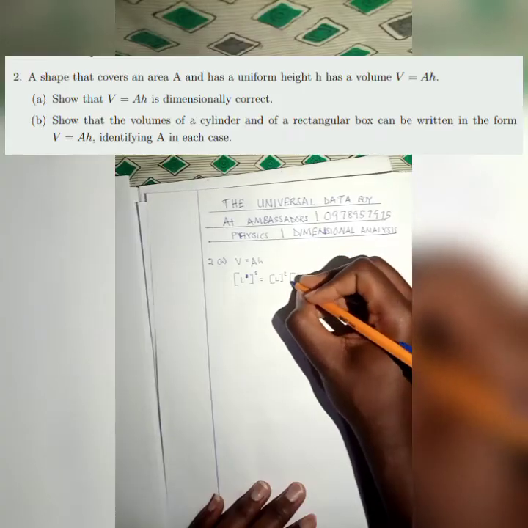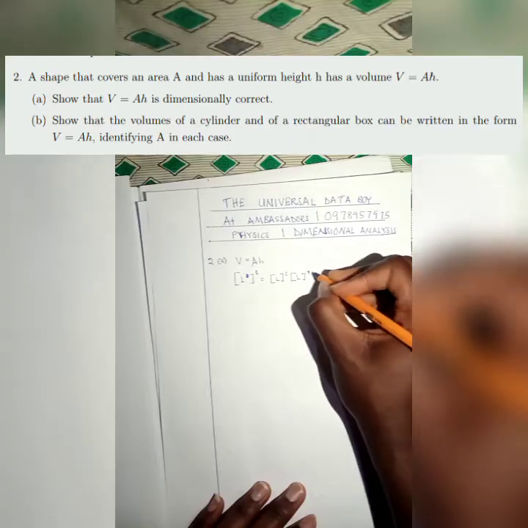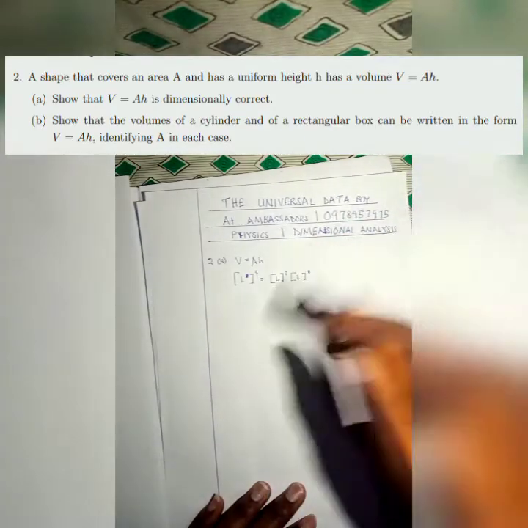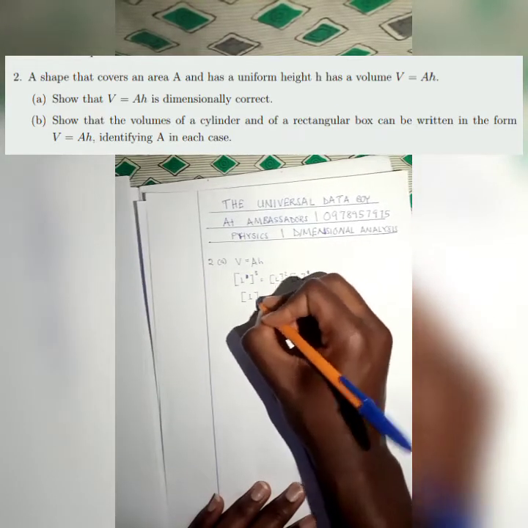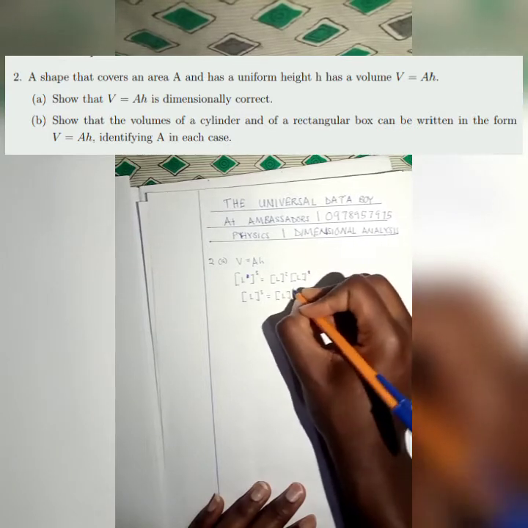The dimensions of h are the dimensions of length to the power 1. So when you multiply these two, you get the dimensions of length to the power 3.